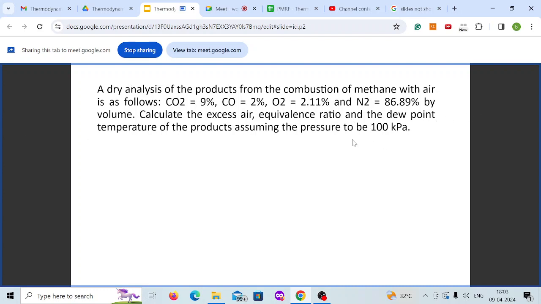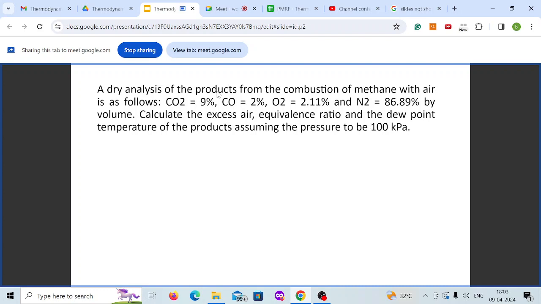But this being dry, you don't take water here. So the products are carbon dioxide, CO2, 9%, carbon monoxide, CO, 2%, oxygen, 2.11%, and nitrogen, 86.89%. If you see, the total of all this will be 100%.